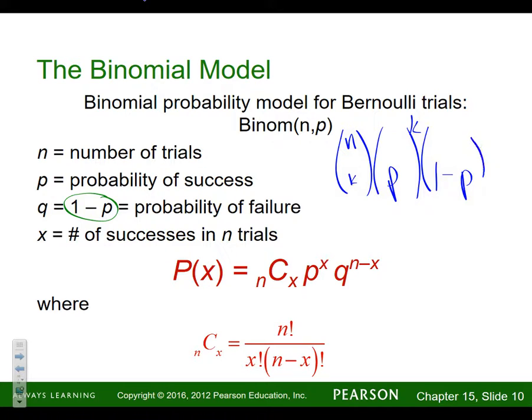K, 1 minus P, N minus K. Is that the same thing? Okay, they just put X instead of K. So the blue part, I'm pretty sure that's how your formula sheet reads, but it's the same thing, right? Do you guys see that? Cool beans. Yeah, they used X instead of K.